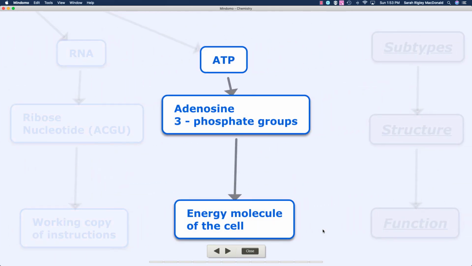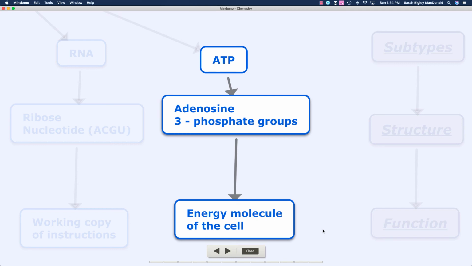Our last one for our nucleic acids is adenosine triphosphate. Now our adenosine is attached to 3 phosphate groups. So that's why it's tri, right? Tri for 3. So this is the energy molecule in the cell.